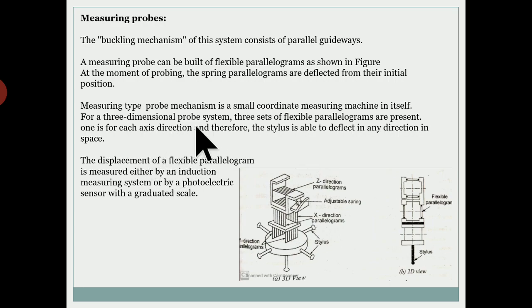For a three-dimensional probe system, three sets of flexible parallelograms are present. One is for each axis direction, and therefore the stylus is able to deflect in any direction in space. The displacement of a flexible parallelogram is measured either by an induction measuring system or by a photoelectric sensor with a graduated scale.